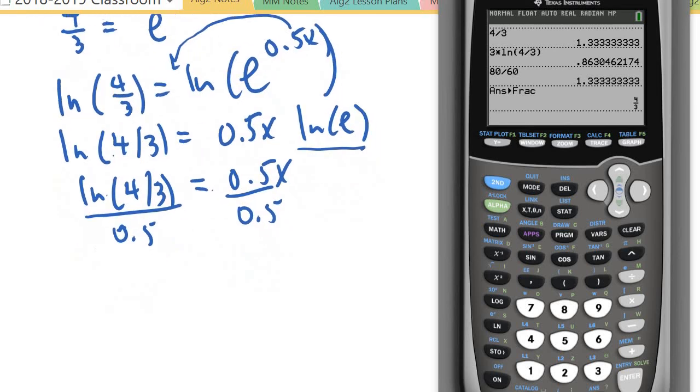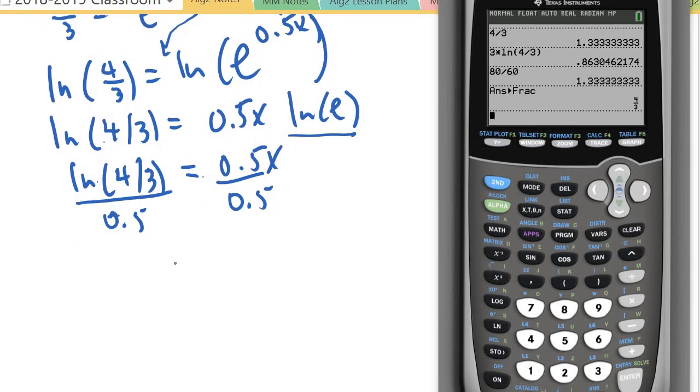Okay, so now this is the exact solution. If you want approximately, we're just going to do x is approximately equal to, and then we can type this guy that I highlighted into our calculator one time like that. Let's try to type it.